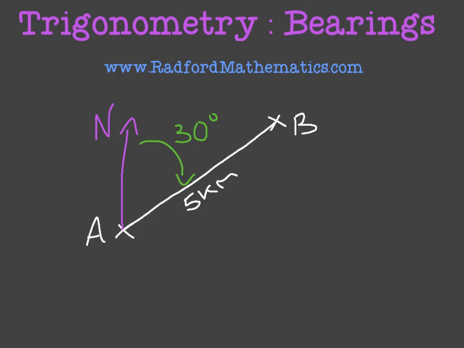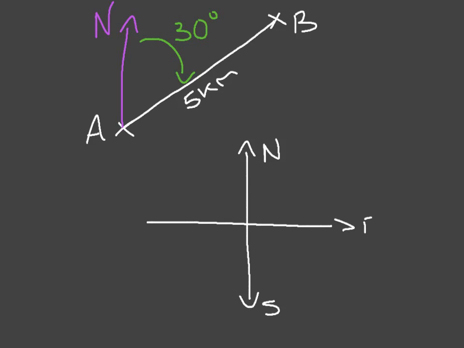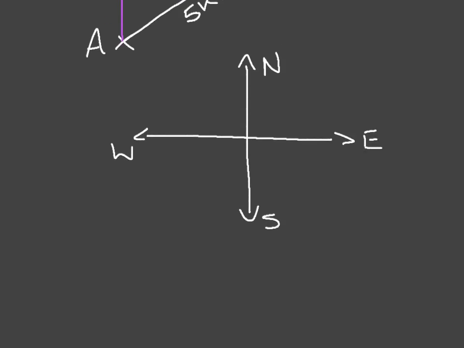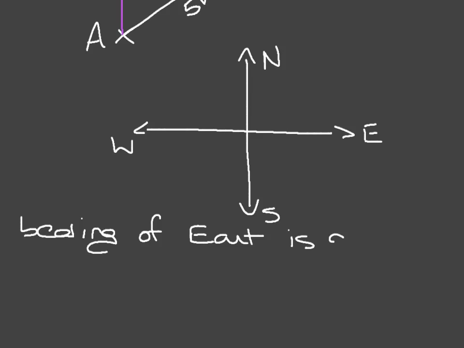Now, a few key bearings that should be known. If we just look at a typical map, we would have north, which I'll write here as N, south, east, and west. Just to point out a few must-know bearings. The bearing of east is 90 degrees.